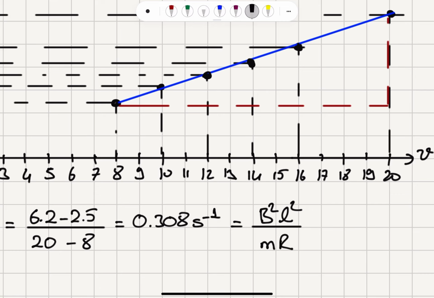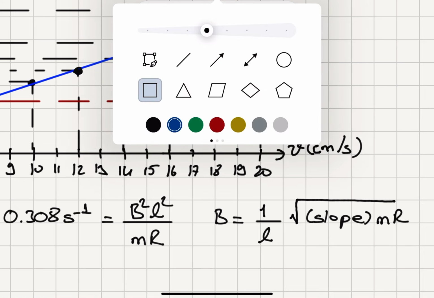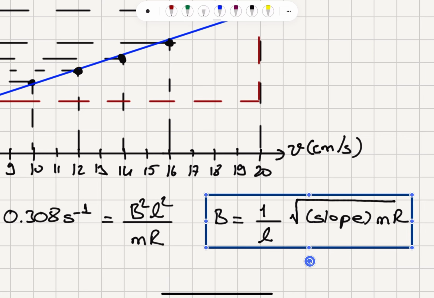So this tells me that the magnitude of the magnetic field is 1 over L times the square root of the slope multiplied with mR. So that's how I should calculate the magnetic field.